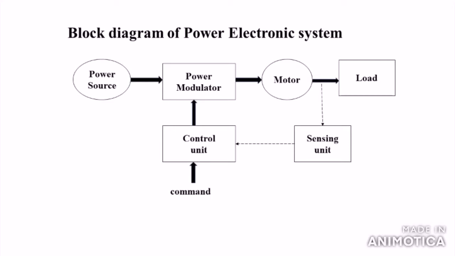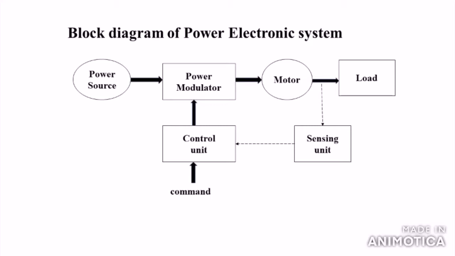So depending upon the requirement, the power modulator can act as a converter which converts AC to DC or DC to AC. For example, if you are considering a DC motor and the available power source is an AC voltage, the power modulator will convert the AC voltage into a DC voltage. Now it acts as an AC to DC converter.